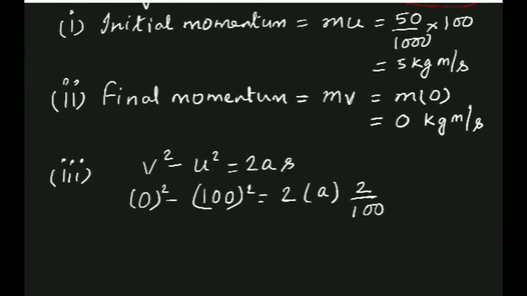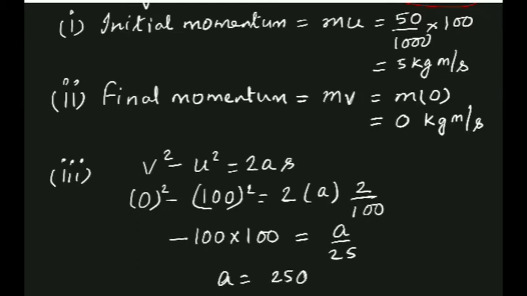Now here minus 100 into 100 equals to a by 25, or you can write a is equals to 250000 meter per second square, and a is coming negative because the velocity of the body is decreasing.